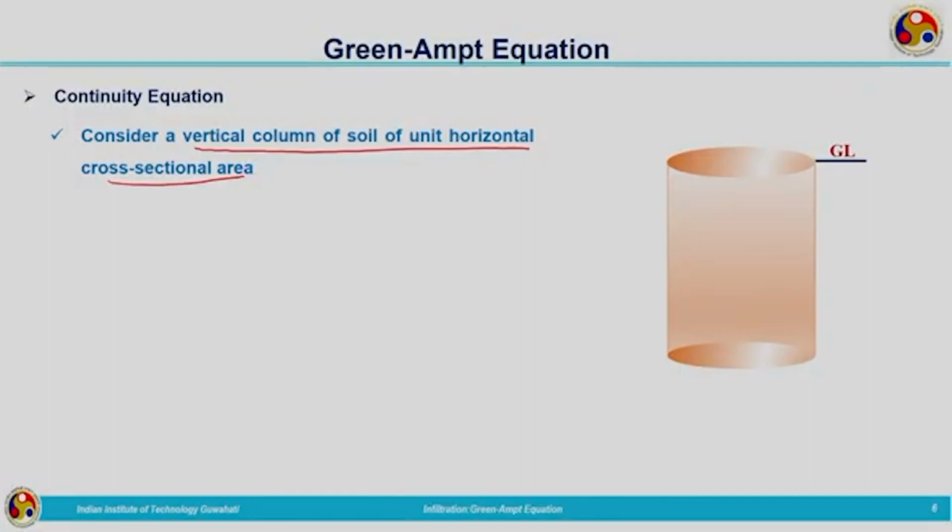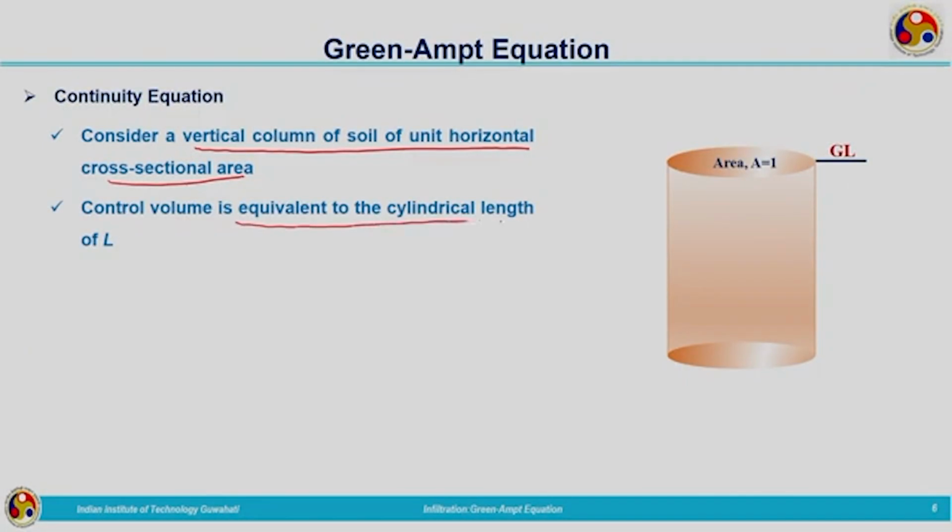Beneath the ground surface, a cylindrical soil column with cross sectional area A equal to unity is considered for deriving the continuity and momentum equations. So, this is our ground level. The control volume is equivalent to the cylindrical length L. This control volume is a cylindrical column of soil with unit cross sectional area.